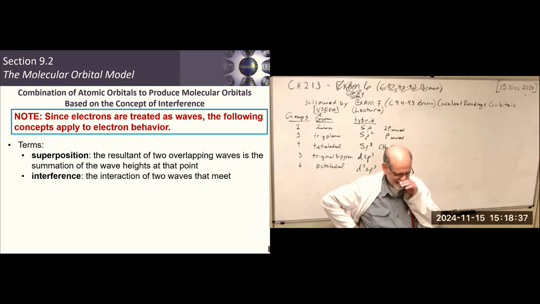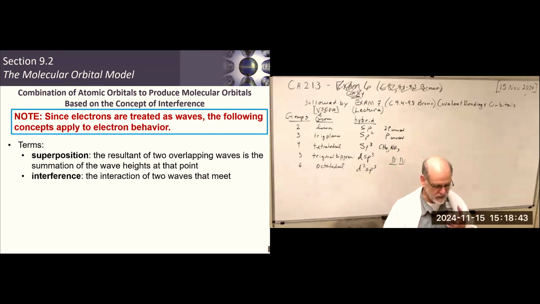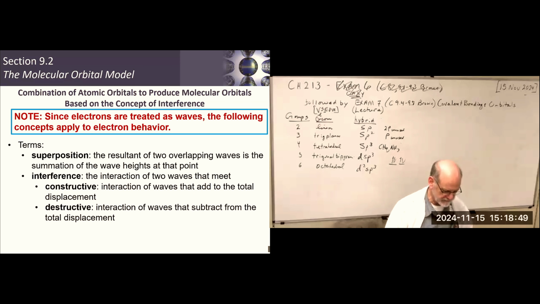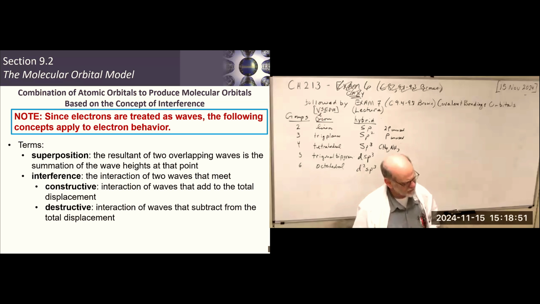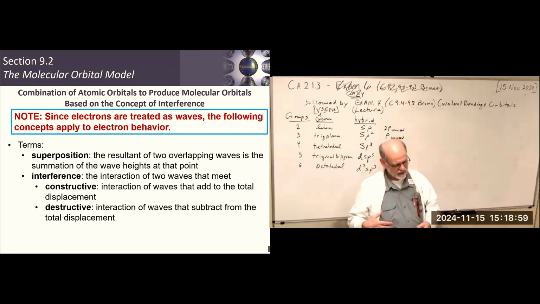When these waveforms overlap one another, we call that superposition. And what they do to one another is called interference. Constructive versus destructive interference. And I imagine that there can be partial constructive or partial destructive when the waves overlap.